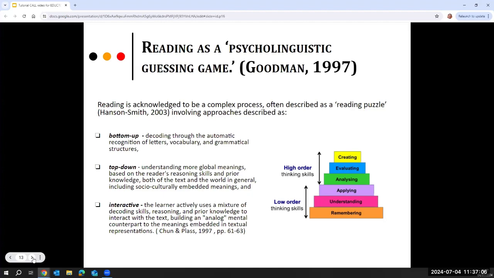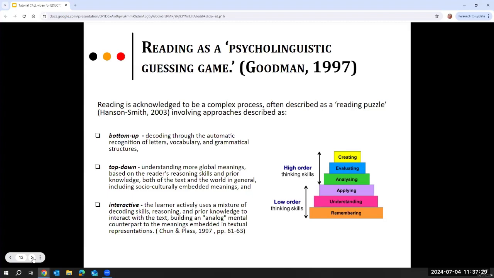So we could then practice through different tasks, either bottom-up strategies or top-down strategies. And if we want to involve both, we can also do that by applying both types of strategies in one task that we design.